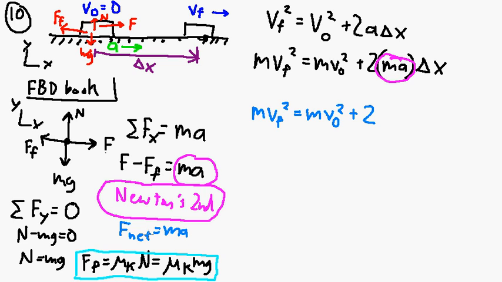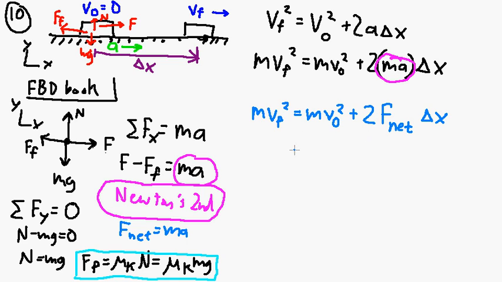Keep in mind, we haven't done anything specific to the book yet. We're still keeping v naught squared, v final squared, mass, delta x, and F all symbolic, so this is all still true for any kind of one-dimensional motion. Now, to take it one step further, I'm going to multiply this by 1/2.